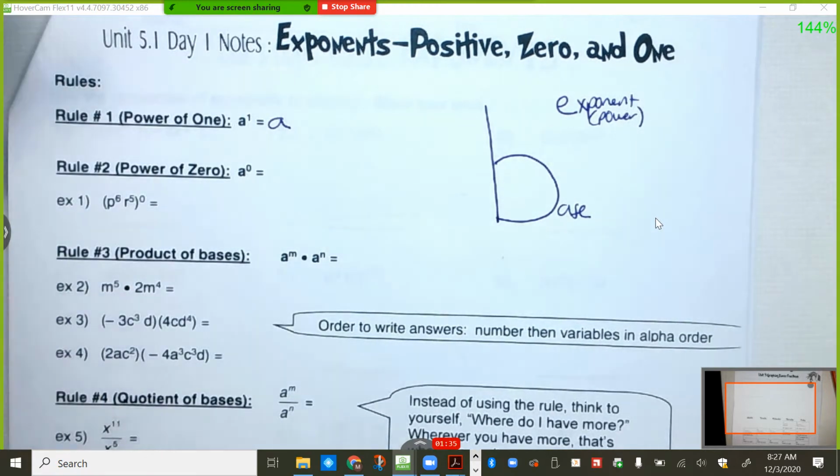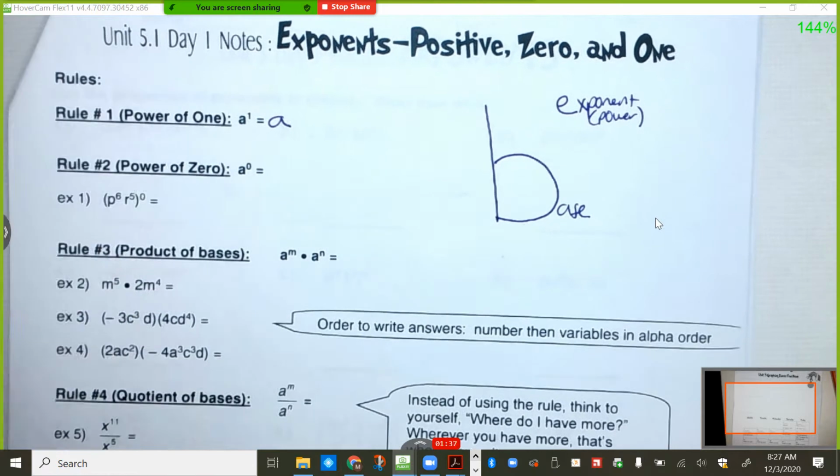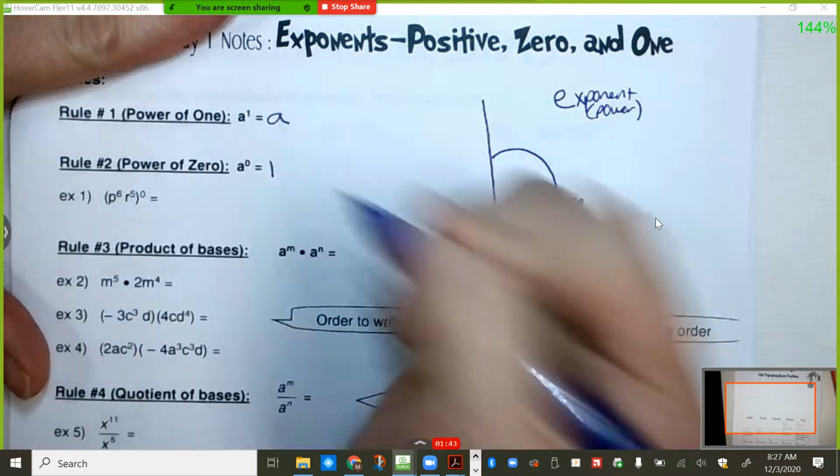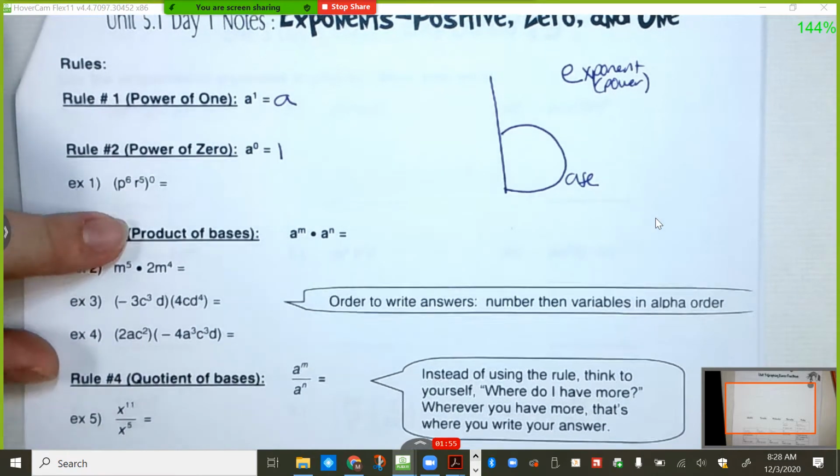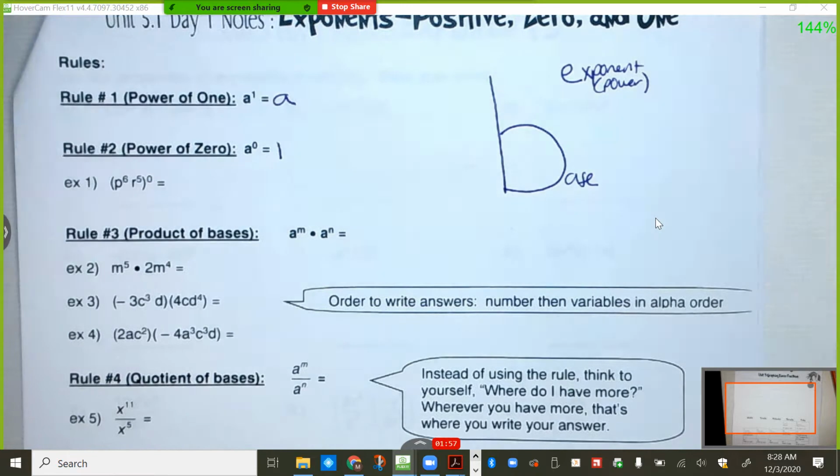Okay, so here we have power of 0. Does anybody remember the power of 0 rule? It equals 1. Anything to the 0 power equals 1. You can have a million to the 0 power, and guess what it equals? 1. It doesn't matter. You can have letters to the 0 power. It still equals 1. So if you look at this example, it says p to the 6, r to the 5, and all of that is to the power of 0.